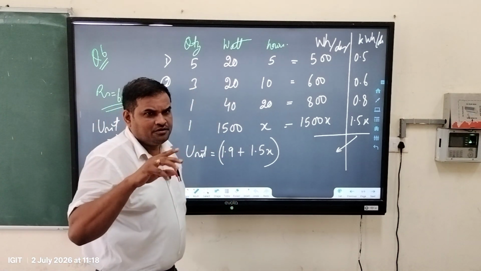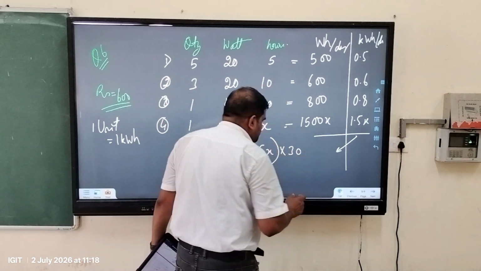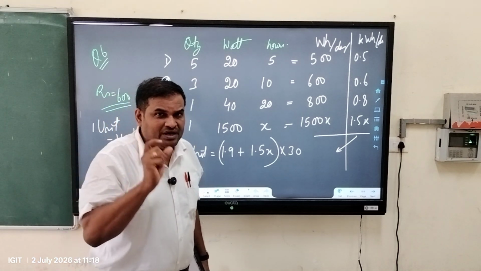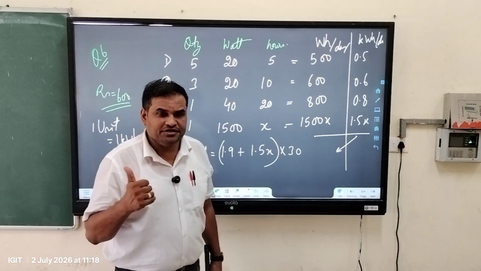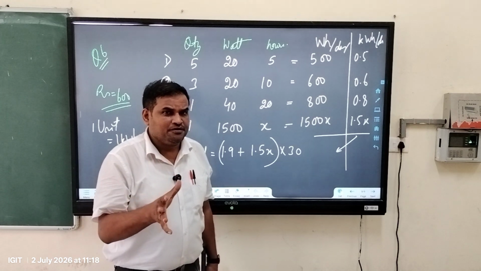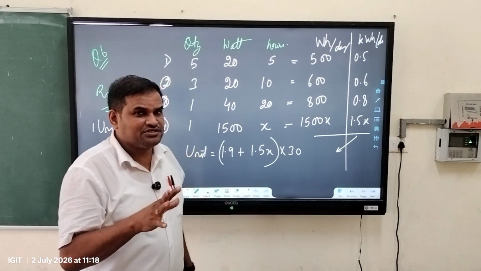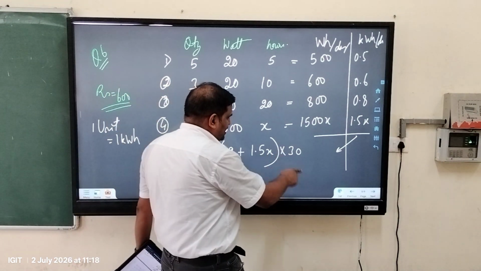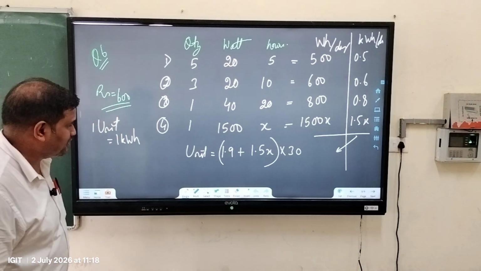In one day. For 30 days, multiply by 30. Since the examiner has not given the month, if a student writes 30 days, it is okay. He is saying monthly bill, so monthly can be 30 days or 31 days. Both answers will be correct. If you multiply by 30, it is correct. If you multiply by 31, this is also correct.